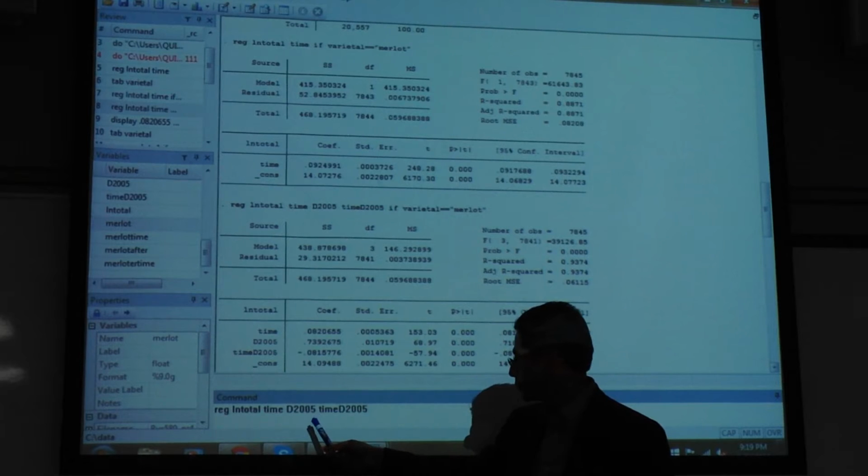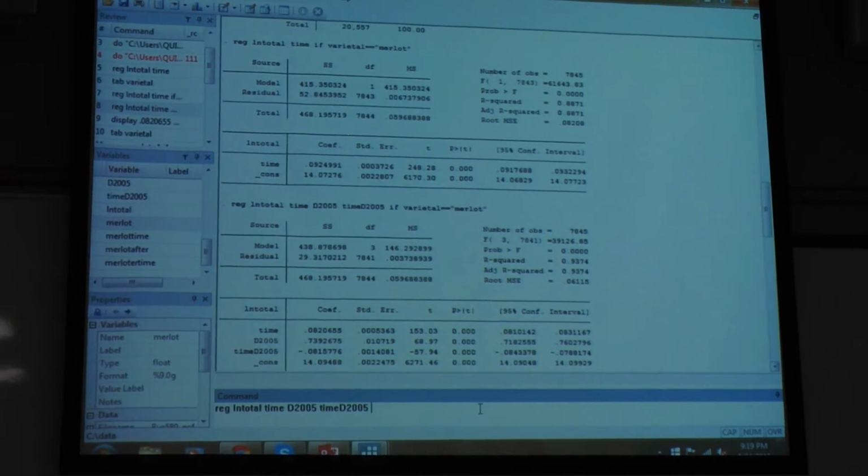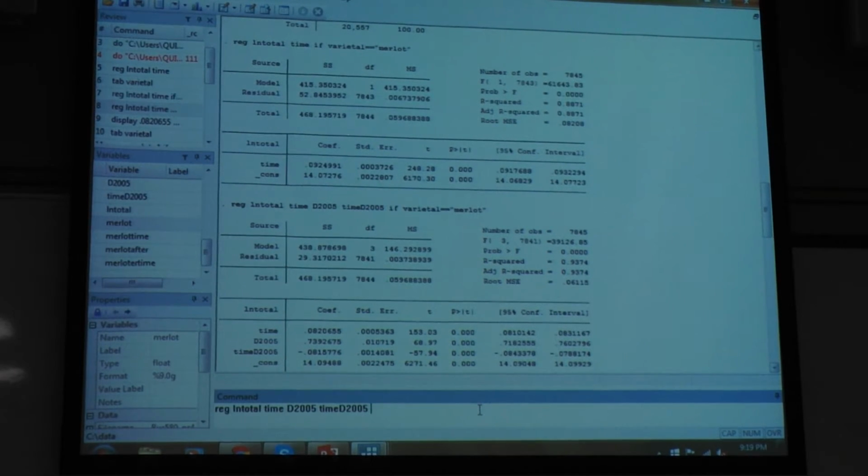Time, dummy for after 5, and then an interaction. We're going to add our treatment group, our treatment time, treatment after, treatment, 2 treatment times? No, that was after time.